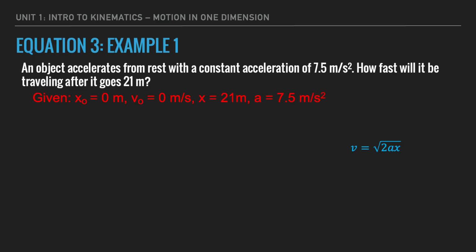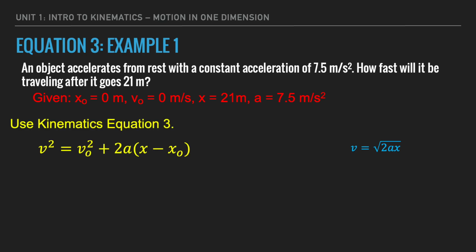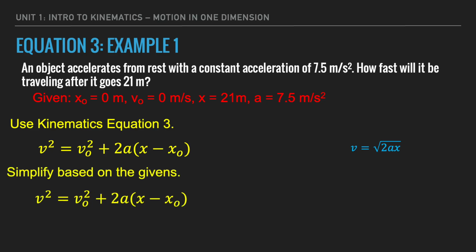Here are my givens. Oh, I have my little equation off to the side there. We're using equation 3, so it's v squared equals v naught squared plus 2ax. Remember, the v squared on the left is the final velocity of the object. Looks like that's what we're looking for. So simplify based on the givens. The v naught term goes away, and that x naught is just starting from the original position.